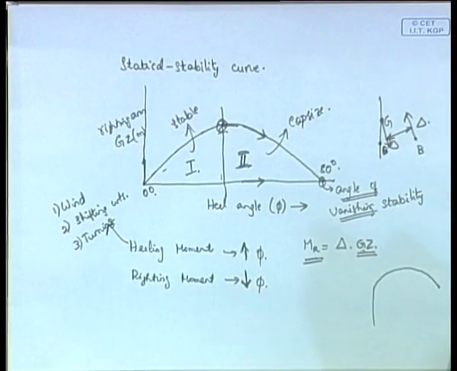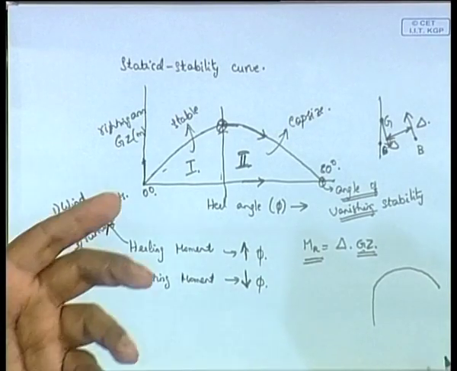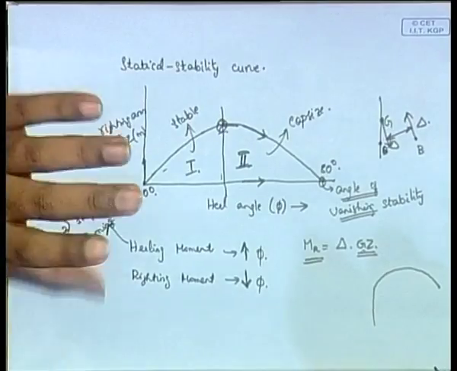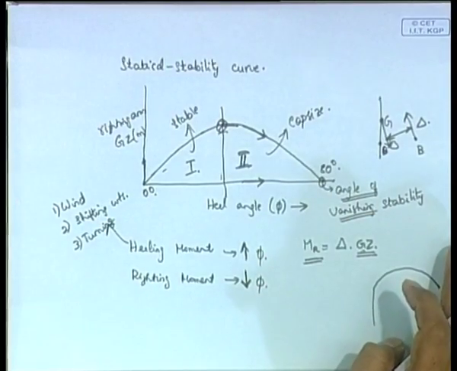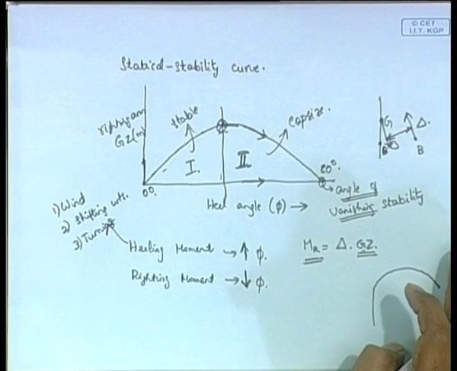Roughly around 80 degrees it is almost capsized. 90 degrees means a ship that should be like this is like this now. So once you reach 80 there is no chance of saving the ship, it is gone after that. It is not always 80, because I have seen some smaller vessels which fully capsized at 50, 55 and so on. So it varies, but in some of the curves drawn here it is around 80 to 90.